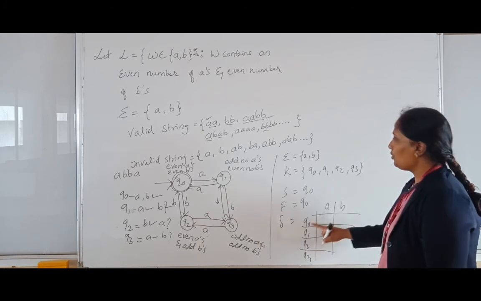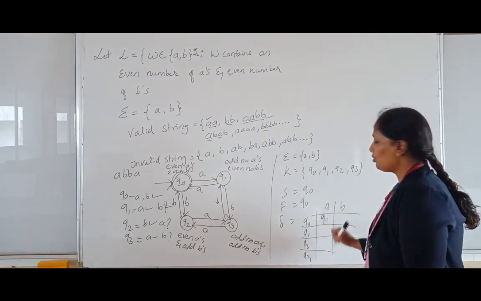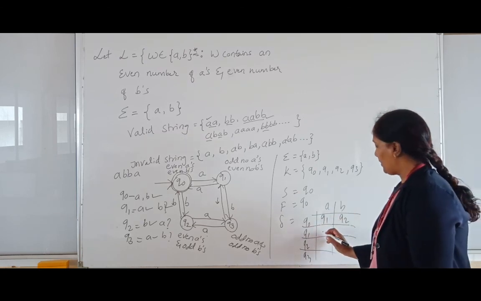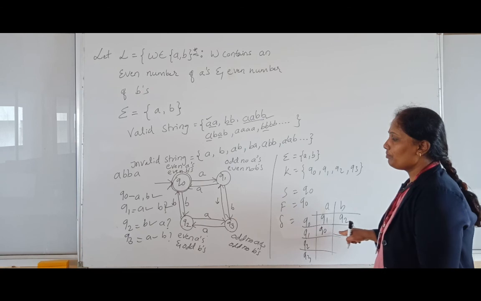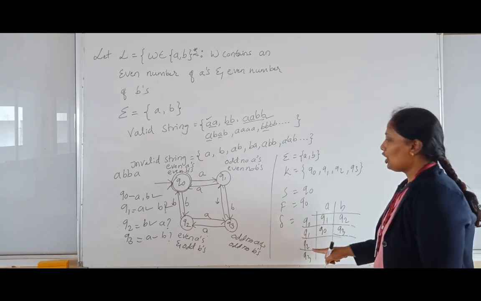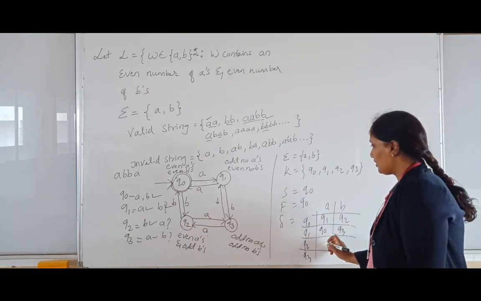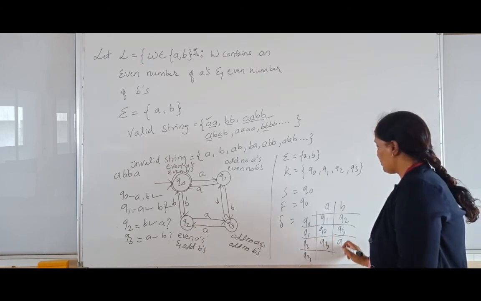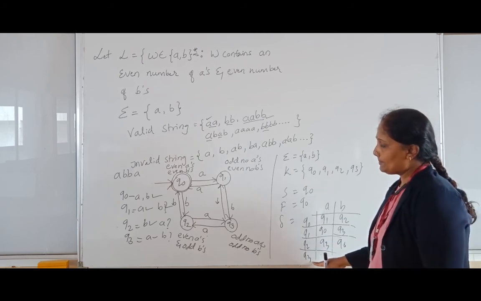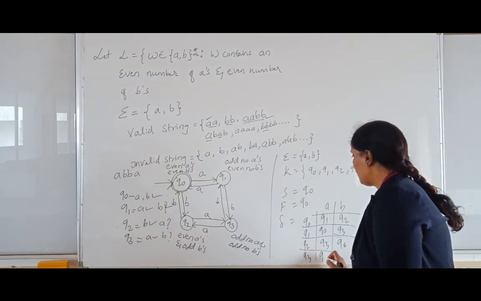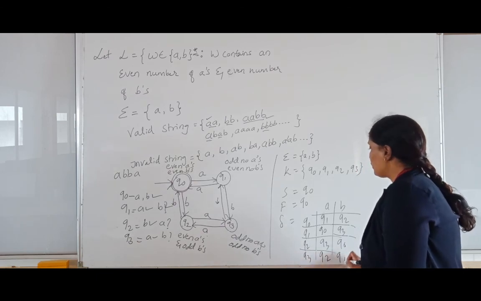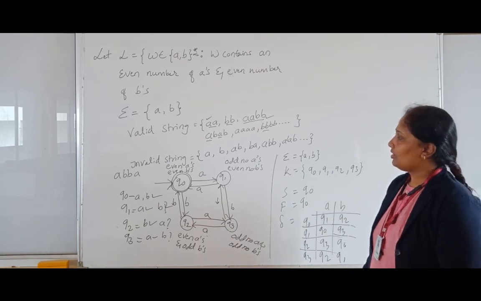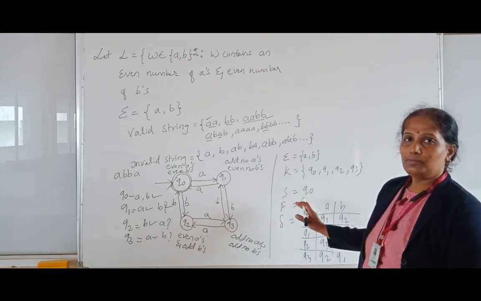So here Q0 of A, I move to Q1; Q0 of B, Q2; Q1 of A, Q0; Q1 of B, Q3; Q2 of A, Q3; Q2 of B, Q0; Q3 of A, Q2; Q3 of B, Q1. So this is the transition table for this DFSM. I hope you understood this problem. Thank you.